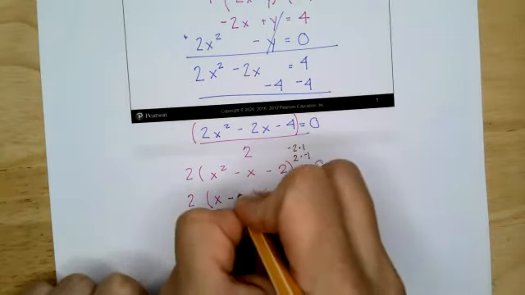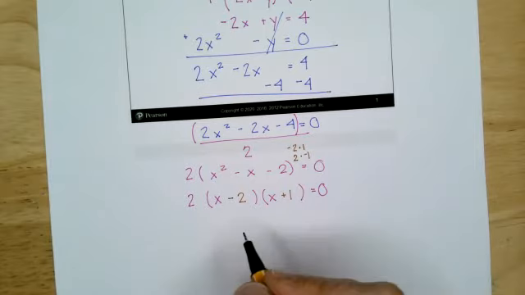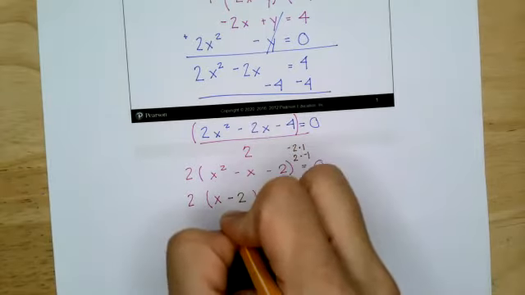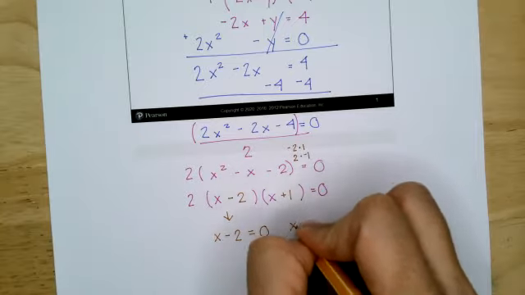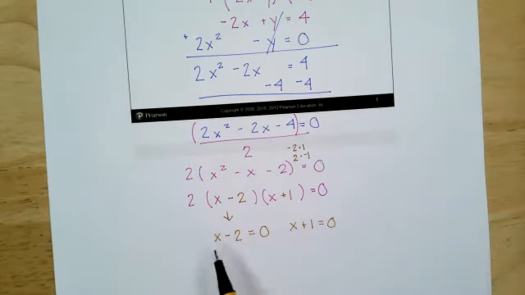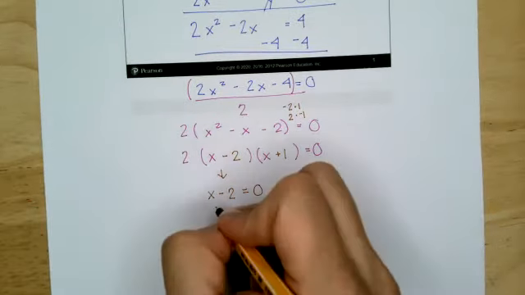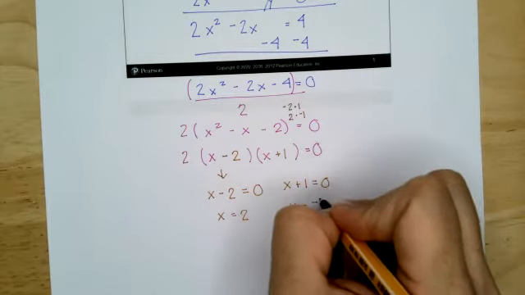So it's going to be x minus 2, x plus 1. Good. All right. Now I just find x by setting them equal to 0. That one doesn't have an x, so we don't need to include it. This is just x is equal to 2, and this is just x is equal to -1, right?